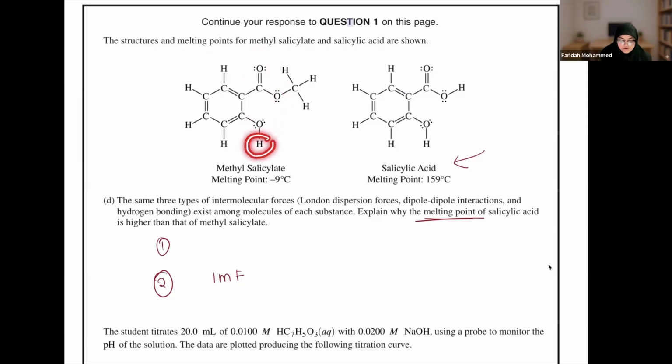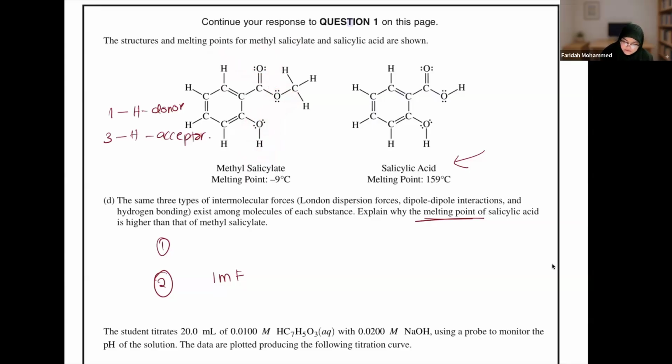The hydrogen donor is hydrogen connected to fluorine, oxygen or nitrogen. The hydrogen acceptor is the atom itself. So 1, 2, 3, right? So in this case, you have 1 hydrogen donor, 3 hydrogen acceptors. If you want to talk about numbers, this is how you say it, okay?